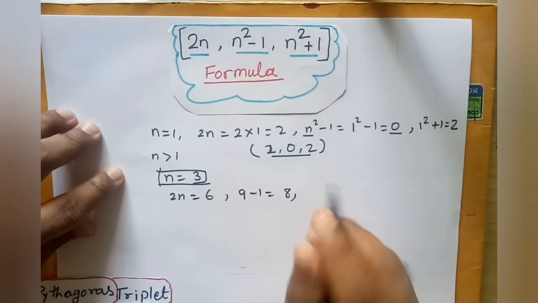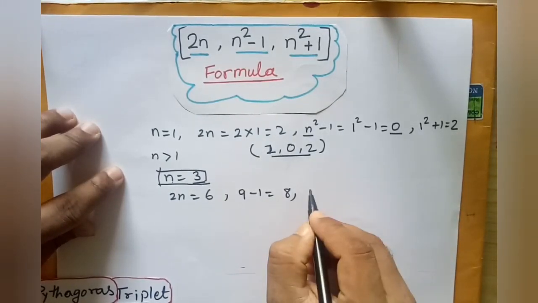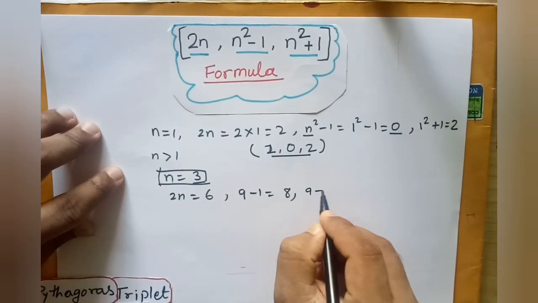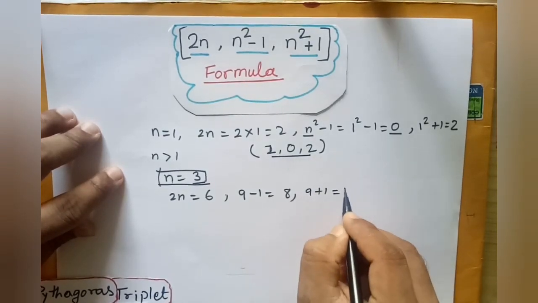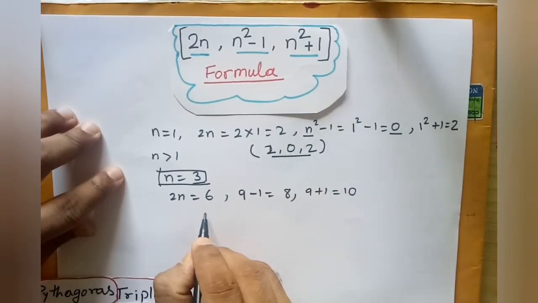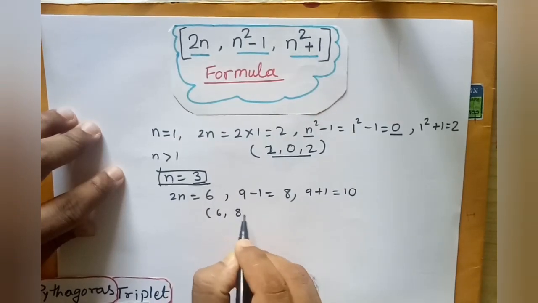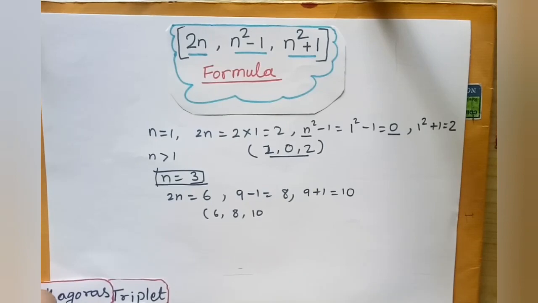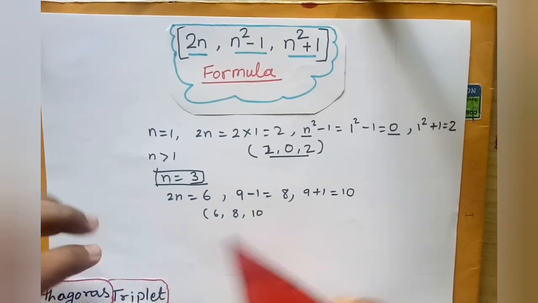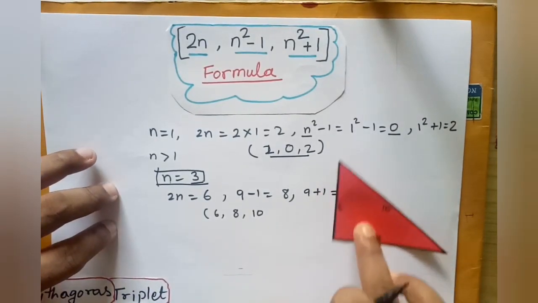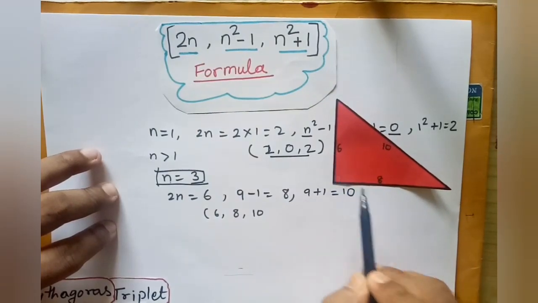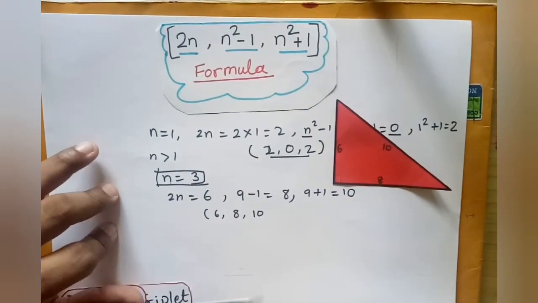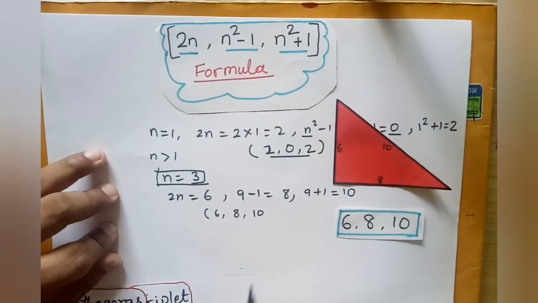And the last one is n squared again, 9 plus 1, that will give us 10. So our triplet is 6, 8, 10. I hope you remember our triangle. The triangle was based on this only. If you remember, see, 6, 8 and 10, that was our Pythagoras triplet.